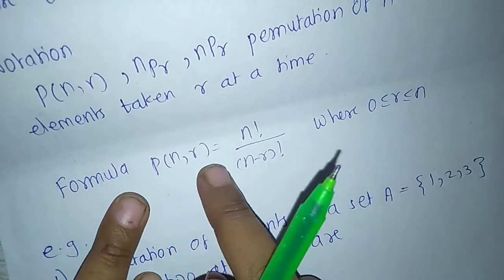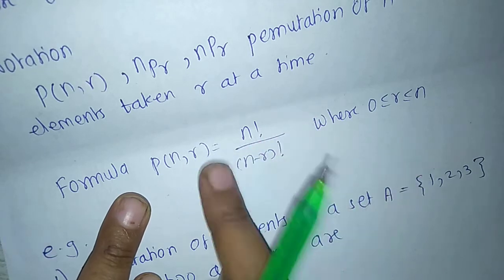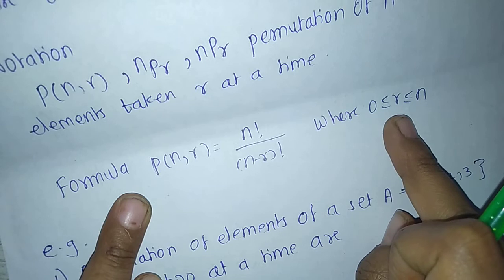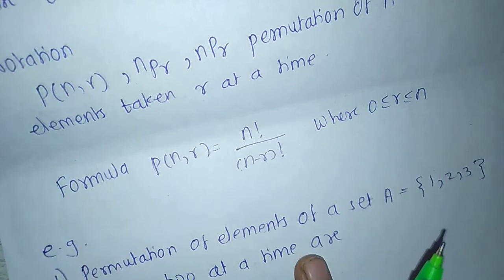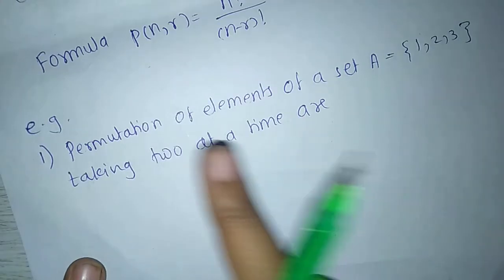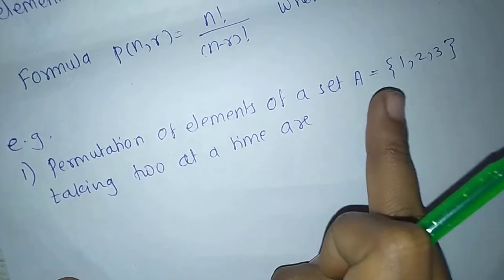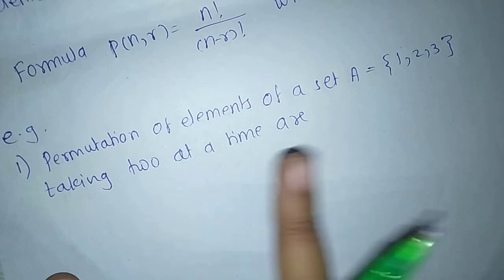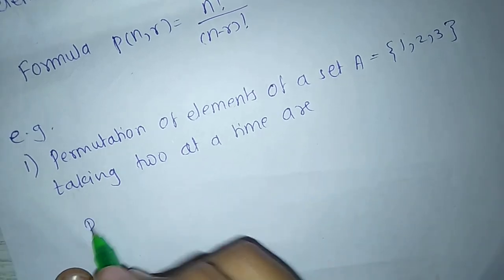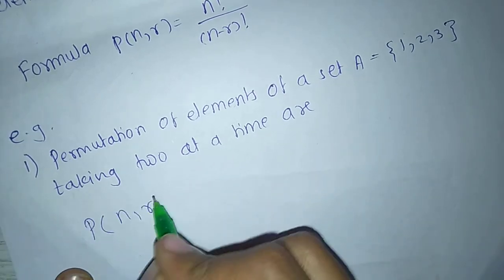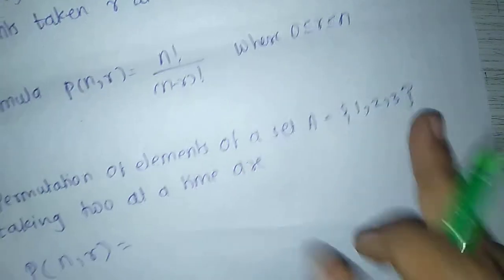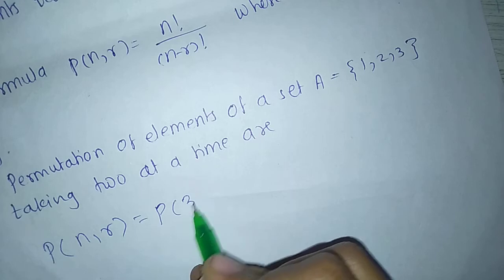Formula: P(n,r) equal to n factorial upon (n minus r) factorial, where 0 less than or equal to r less than or equal to n. For example, permutation of elements of a set A equal to {1, 2, 3} taking 2 at a time. Here the set contains 3 elements, so n is 3.